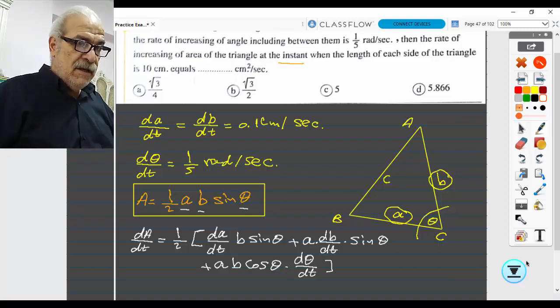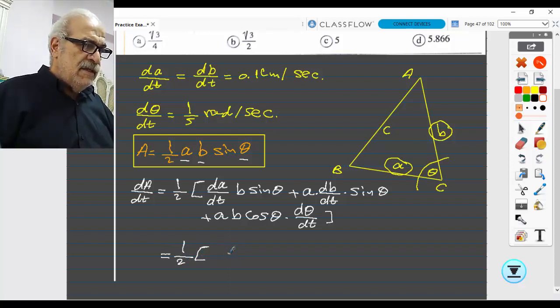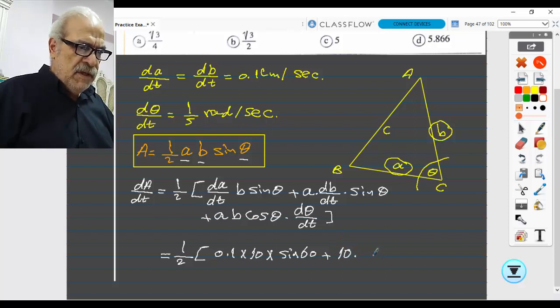In the next step here, it is equal half times dA/dt equals 0.1 multiply 10 multiply sine pi over 3 or sine 60, plus A, it is 10, dB/dt 0.1 multiply sine 60 again.